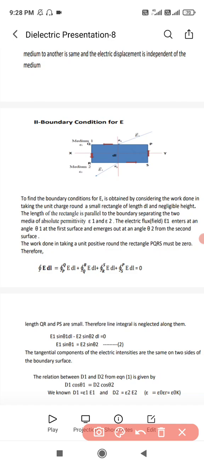The lengths of QR and PS are small, so the line integral along them is neglected.